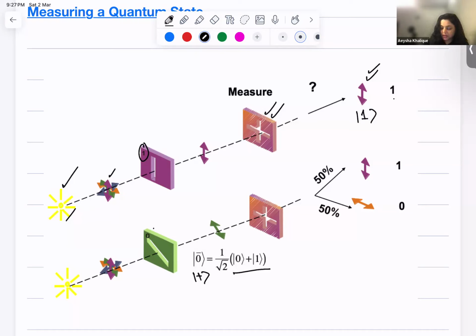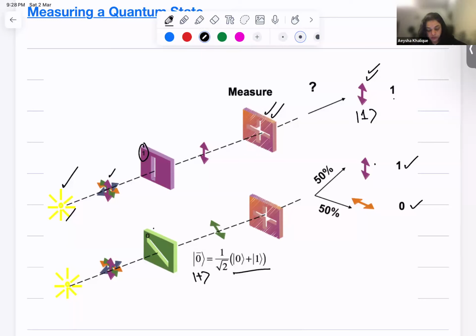So with 50% probability you will get the vertical polarization, and with 50% probability you will get the horizontal polarization. You will record a bit value 1 50% of the time, and a bit value 0 with 50% probability, right? So there is no definite answer to this measurement.